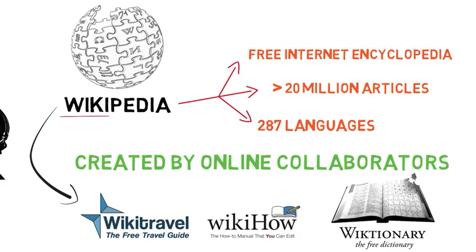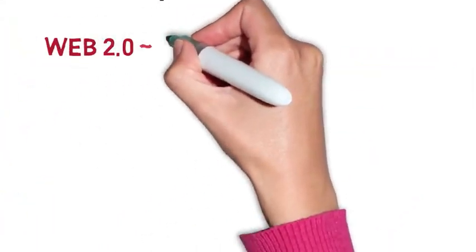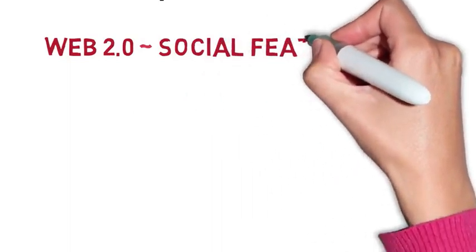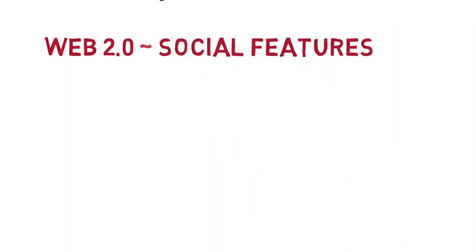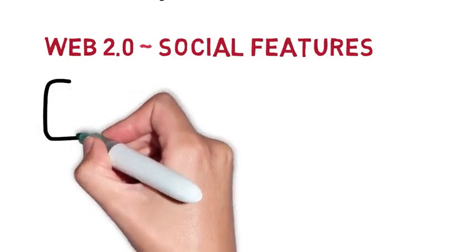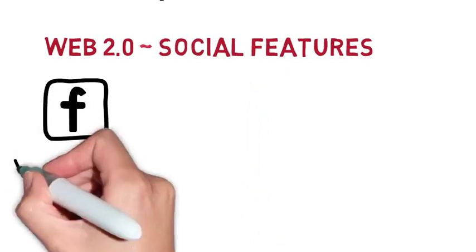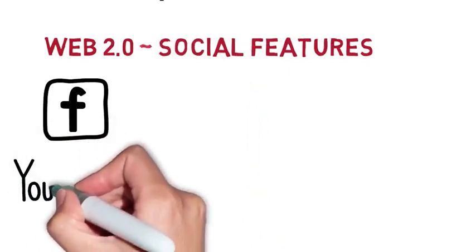Besides the ease of use and mostly free features, Web 2.0 is also popular for its social applications. You've probably used Web 2.0 social sites such as Facebook and YouTube.